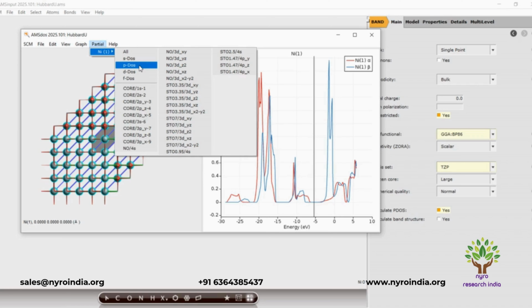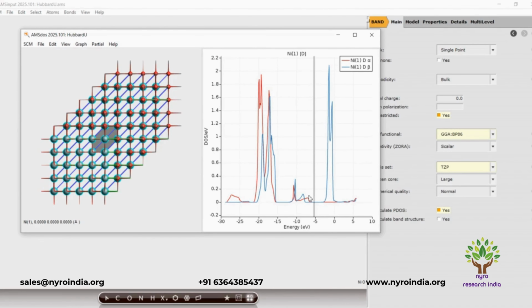This Hubbard U parameter represents the effective on-site Coulomb repulsion energy. If I take this example, you can see the variation in electron volts against density of states. That's what I have introduced in the introduction. I will elaborate in the next videos, but let me finish this intro. The Hubbard U parameter represents the effective on-site Coulomb repulsion energy, whose values can be determined empirically by fitting to experimental data or calculated using ab initio methods like constrained DFT or linear response.